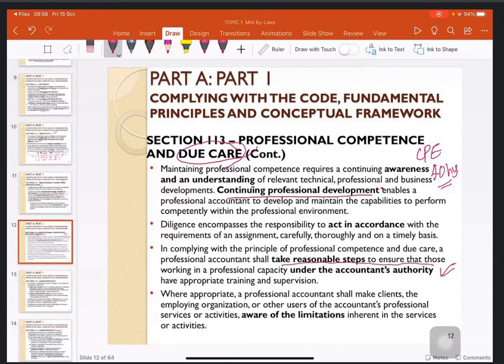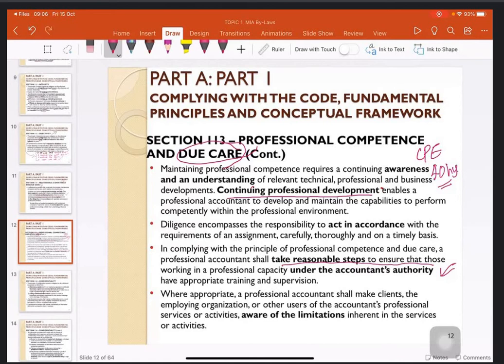Another due care is, for example, when we conduct the audit, we need to conduct the audit with courtesy. Because our responsibility is to the shareholders of the company, and we know that the shareholders and others rely on our opinion to make decisions. So as auditors, when we conduct the audit, we need to have some sense of responsibility towards them.